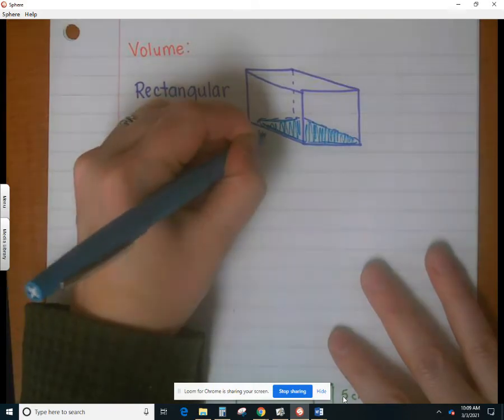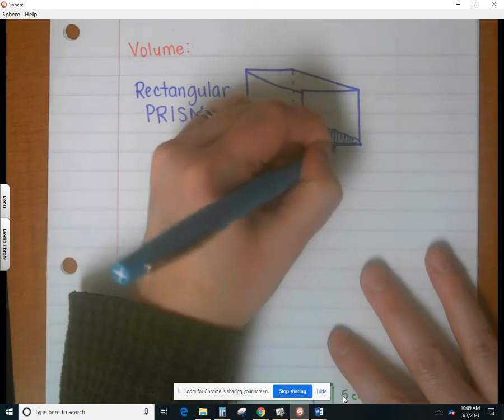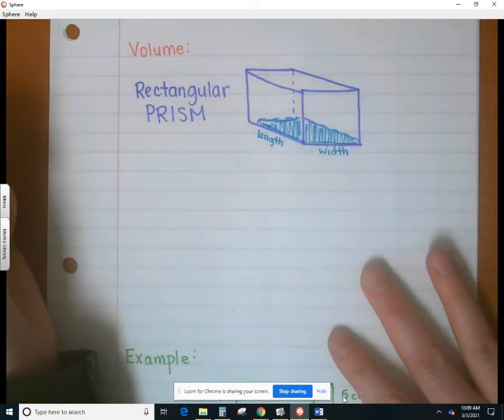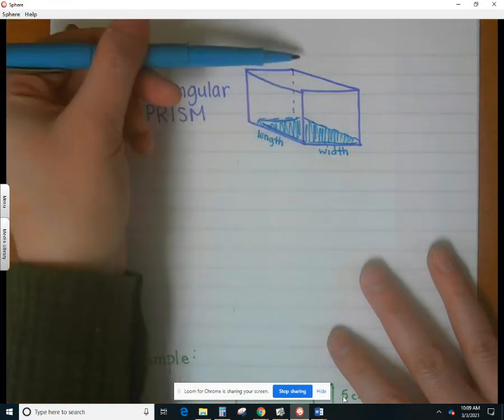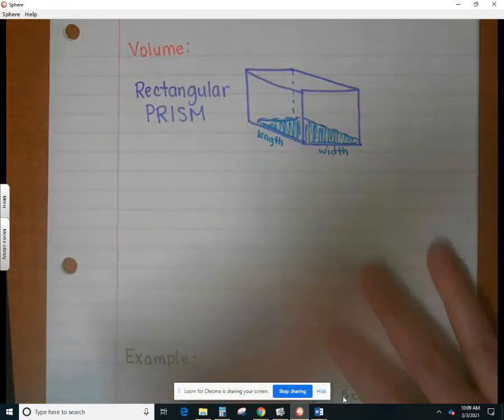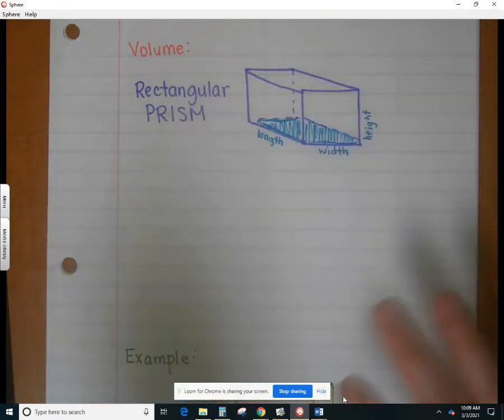So let's call this down here the length, and this over here is going to be the width. But since this is not just a rectangle, it's actually going up from the bottom, we also have to label the height. How far up does it go?